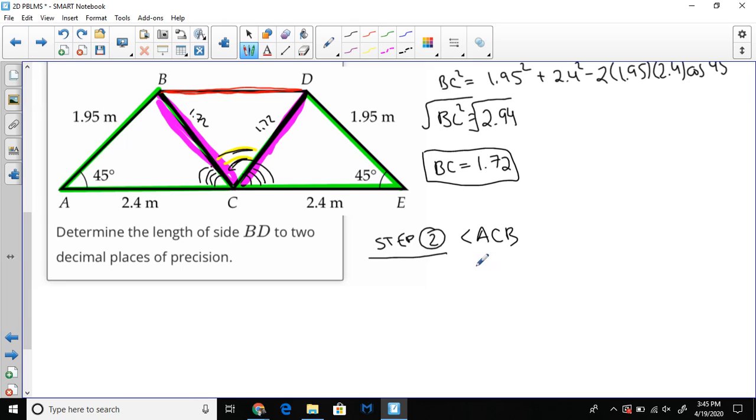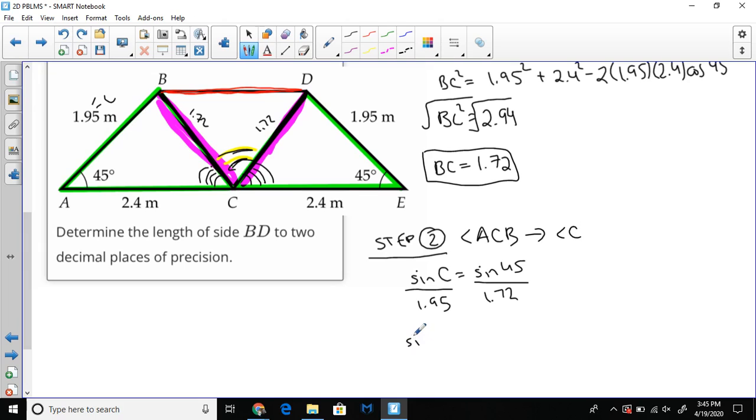I want to find angle ACB. If you look from AC to B, I would just call it angle C, but I didn't call it angle C because it's not just one triangle. Anyways, using the sine law, sine of C over side C: 1.95 equals sine of 45 over 1.72.